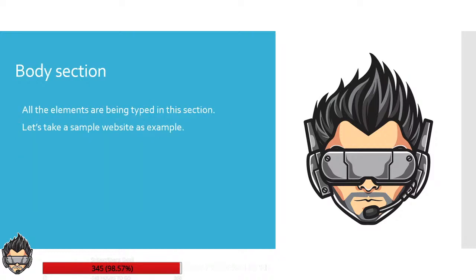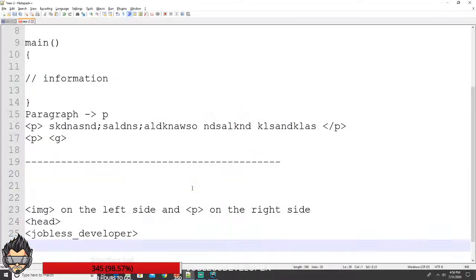And the next comes the body section. In this body section, all the elements that are to be displayed on the screen are mentioned. So let's take a sample website.